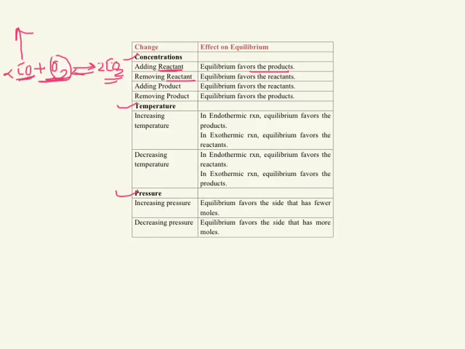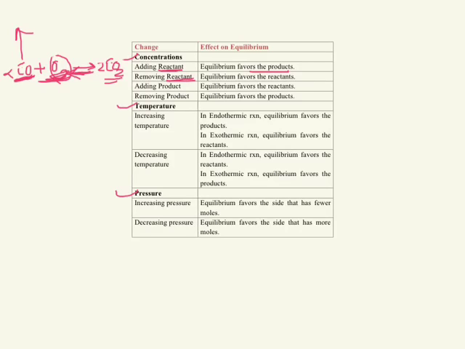So if you're getting rid of CO, then the system is going to make CO. And how can the CO be made? If the reverse reaction goes. That means CO2 will start breaking down to form CO and O2, so we can get CO back. So when you remove the reactants, equilibrium favors the reactants, going in this direction.